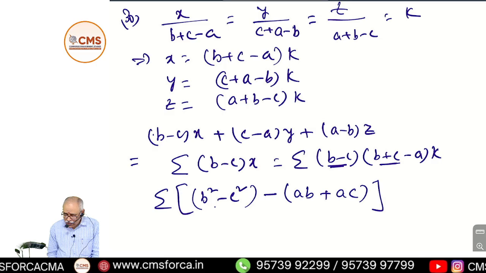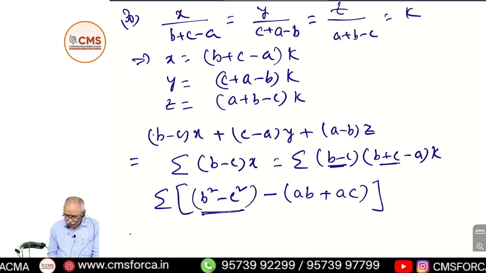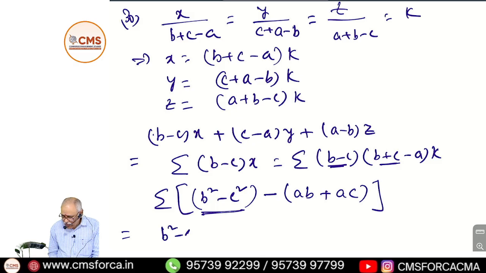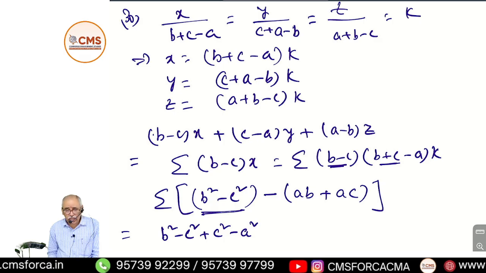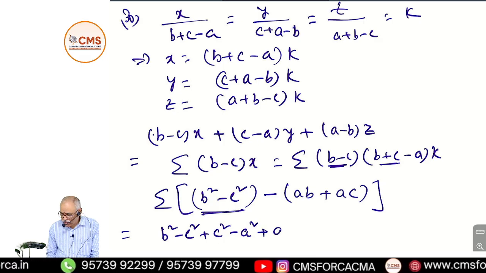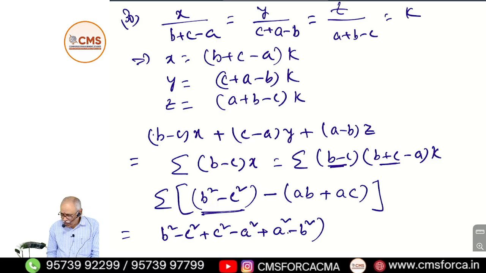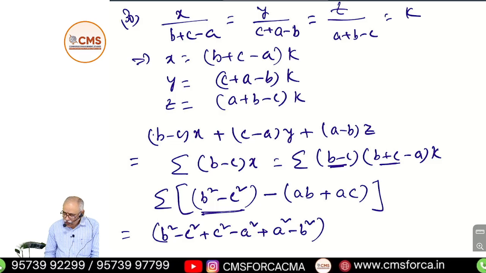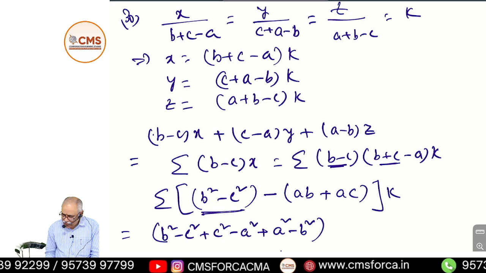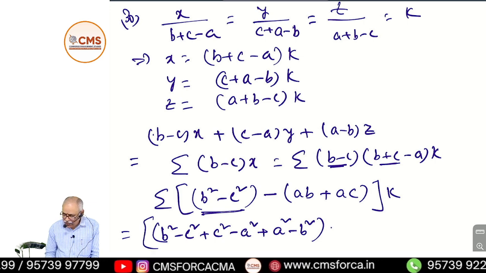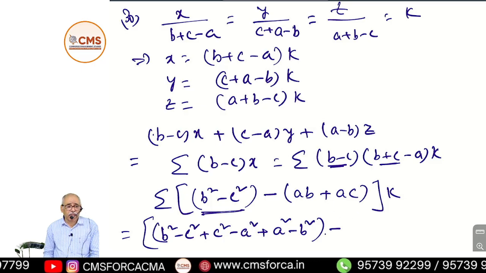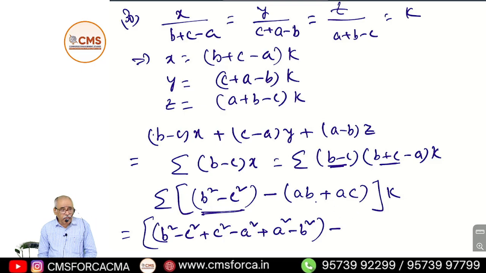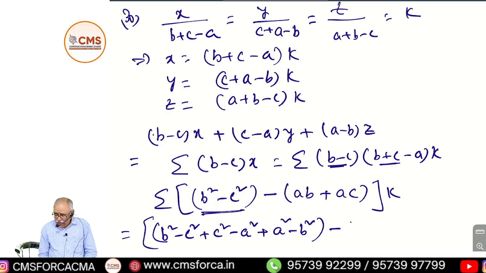Now expand this first one, cyclic order, if you expand this, B square minus C square, next one what we will get? C square minus A square, next one what we will get? A square minus B square, into K is also there, I will write K here at the end. Here minus of AB plus AC is there.